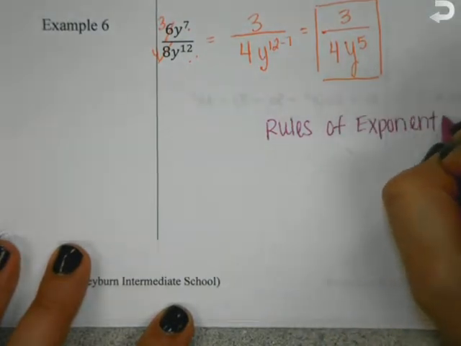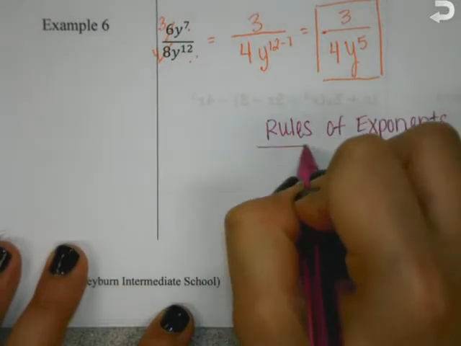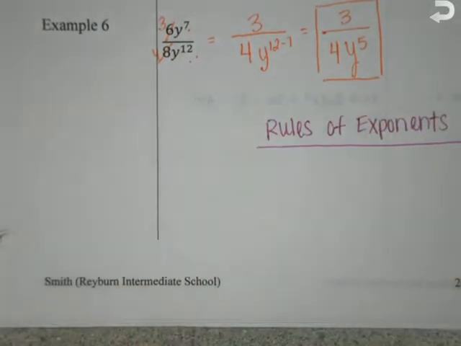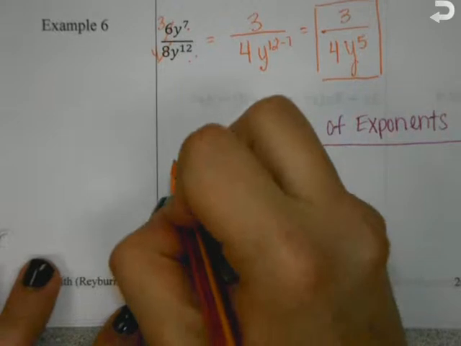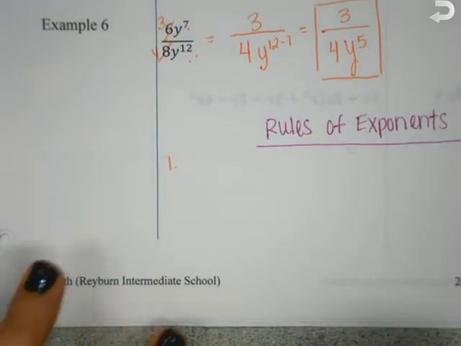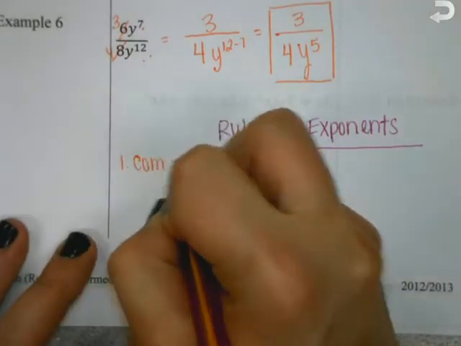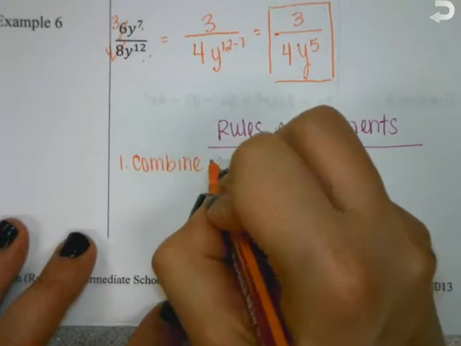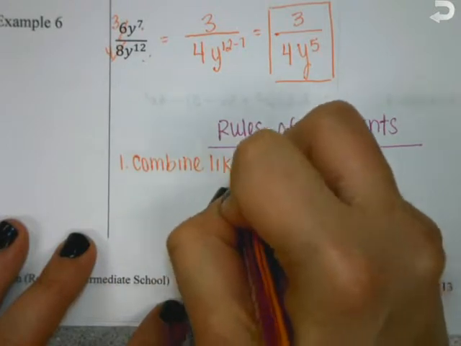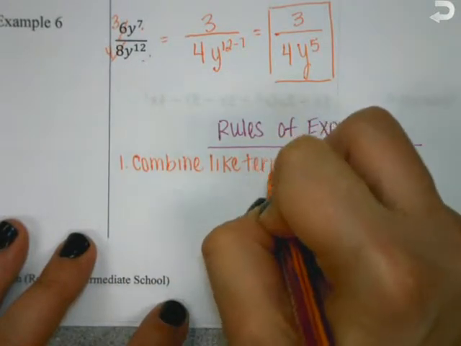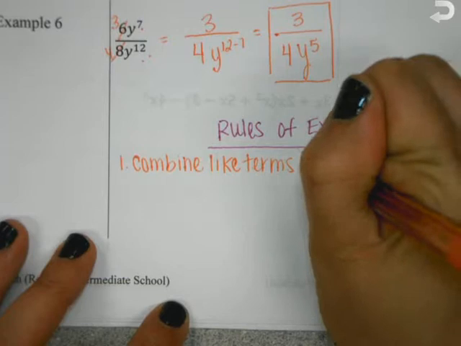Okay, our first rule is combining like terms. We've been doing that since the first day of school. And that means we are either adding or subtracting. Do the exponents change? What do we do with the exponents?